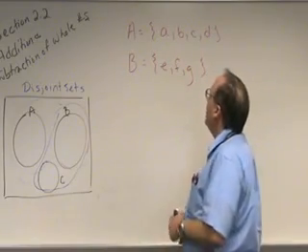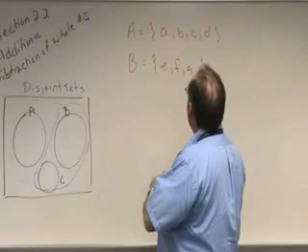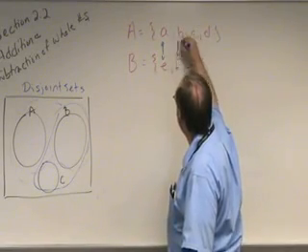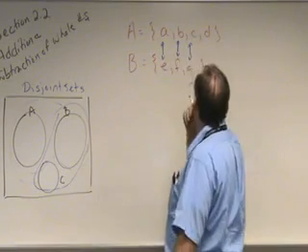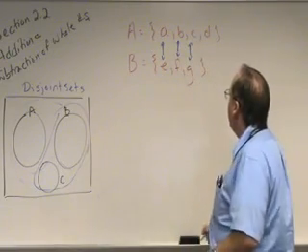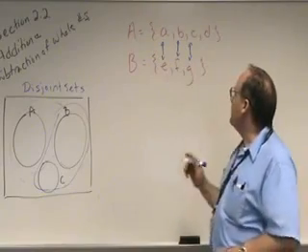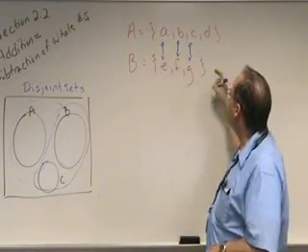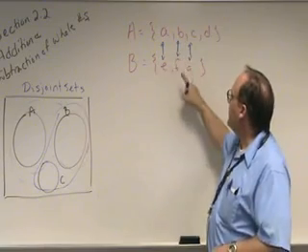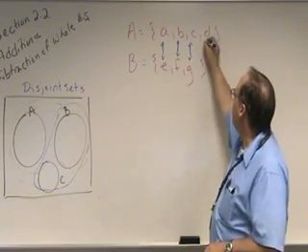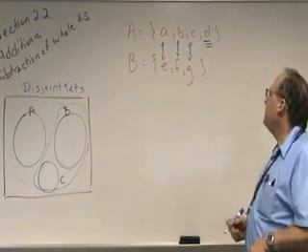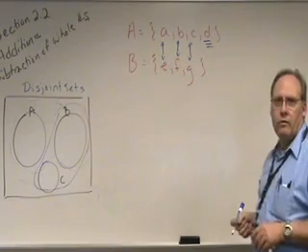Okay, and now if you take a look here, if I put a one-to-one correspondence in here, I'm frustrated because A is not equivalent to B. A does not have the same number of elements as B. In fact, there is some part of the set left over.